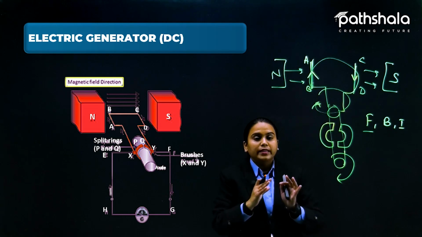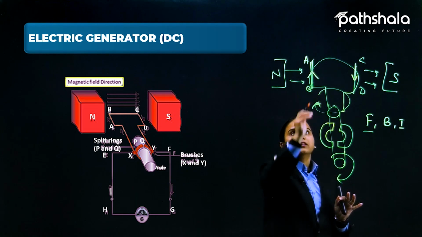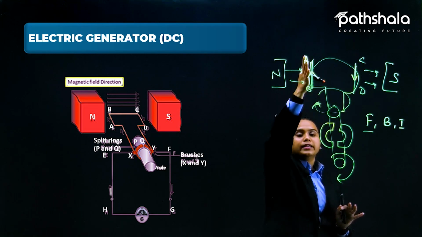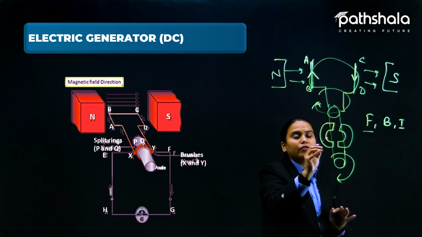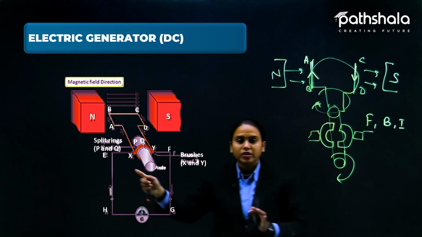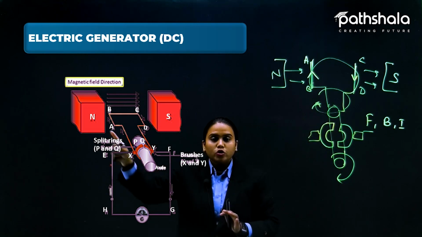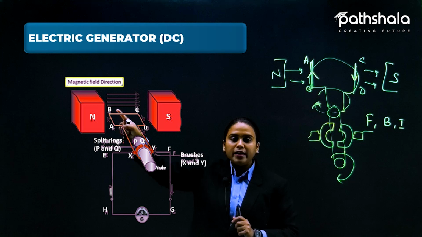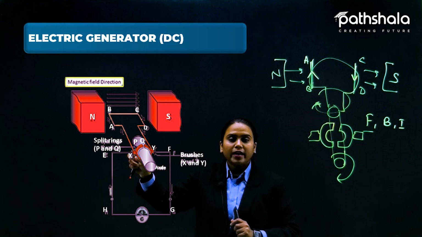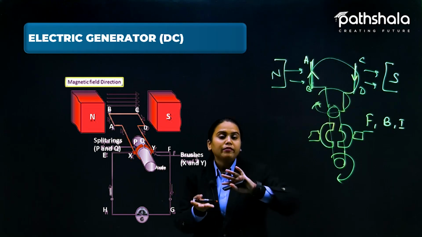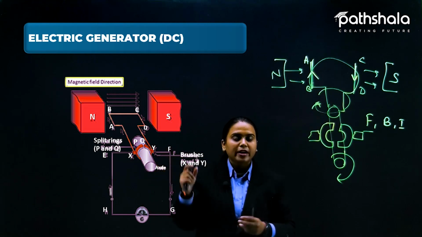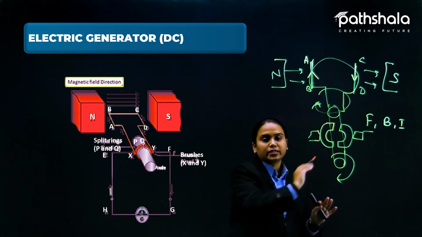Now students, the main thing that we can see here is that this AB side is going to get current in this direction, that is recorded here with the help of the brushes that are put here and here, attached with X and Y. So whatever current is going to be drawn in AB is received here, and the split rings are going to be connected with the coil, so the split rings will also rotate, while the X and Y brushes are at a stationary position.